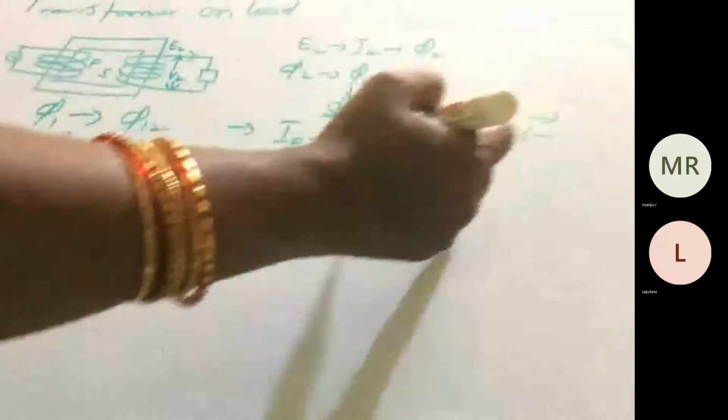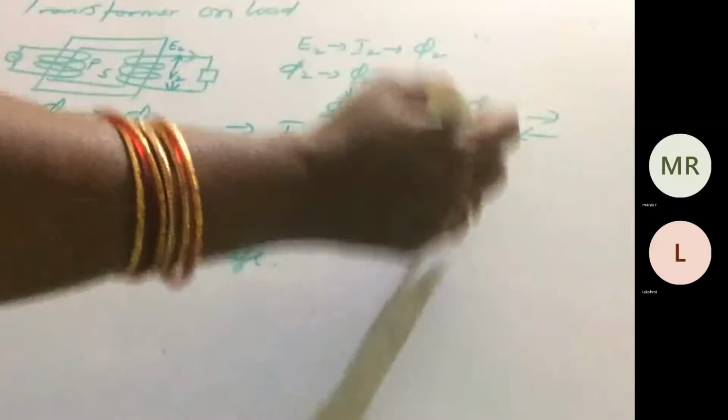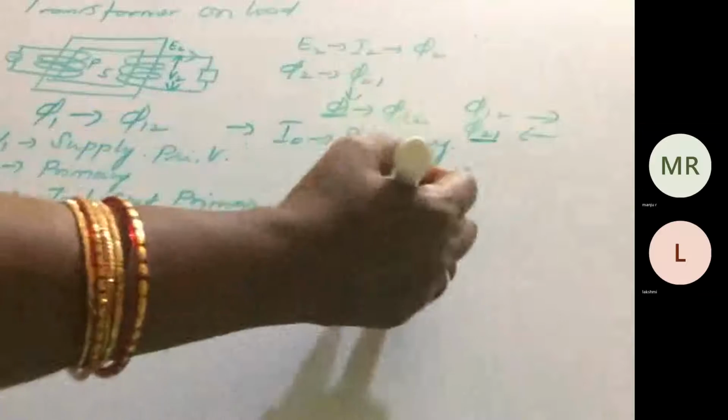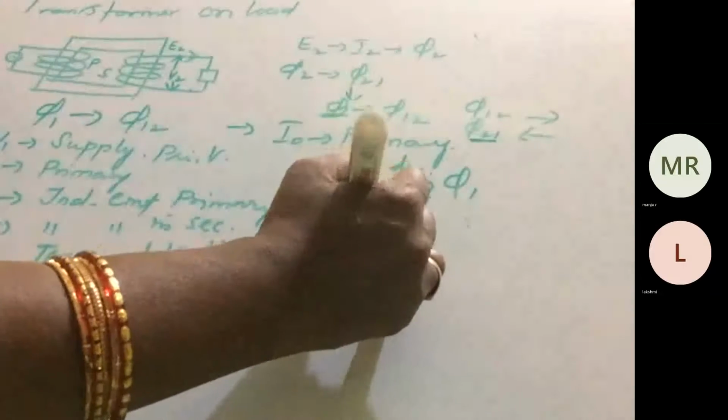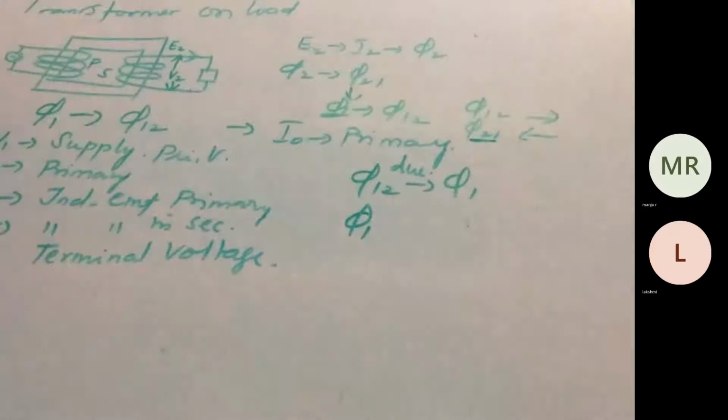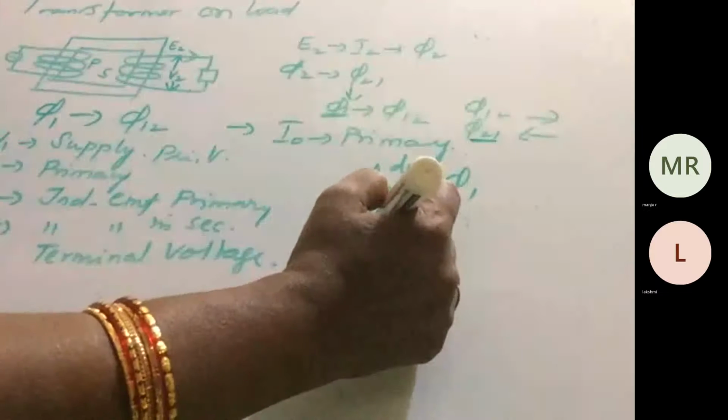Phi 2 1 generally opposes phi 1, which means it reduces the flux phi 1 in the primary. The secondary flux developed due to I2 is opposite to the primary flux which links the secondary. So both are in opposite directions, it will be cancelled, and it also reduces the primary flux phi 1.